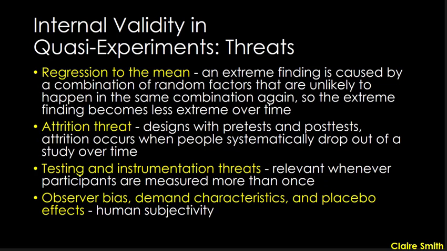Maybe they were really tired of answering questionnaires about how pretty they thought they were, so they all happened to drop out, which would affect the results if they're systematically dropping out. Again, the same as we talked about before, making sure that you do analyses to see if the dropouts are systematic in any way, and trying to control for that.